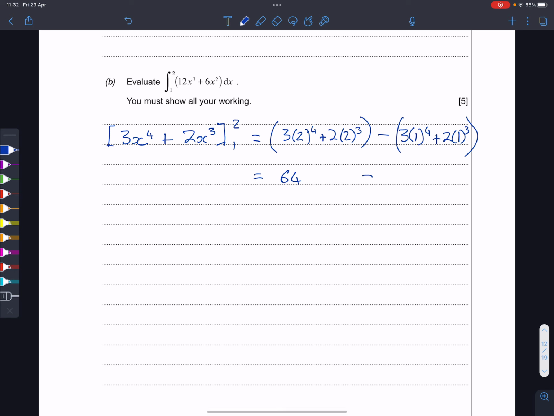And we're going to take away 3 lots of 1 to the power 4 plus 2 lots of 1 cubed is 5, which will give us an overall answer of 59.